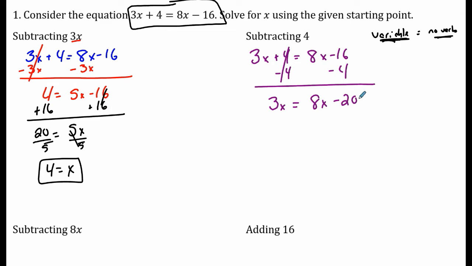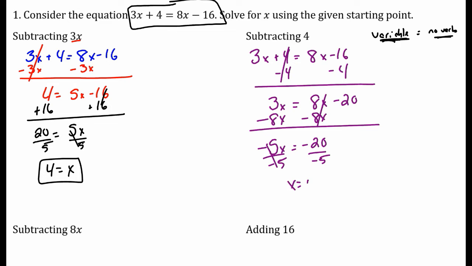Well, I have my no variables on this side, so that means this 8x has to get moved over. How do I undo that positive 8x? Well, I use the addition property to add negative 8x to both sides. 3 minus 8, please be careful with your integers, folks. You have a calculator to help you out there if you're confused with your integer operations at this point. Then I can divide, and I get x equals positive 4 again.